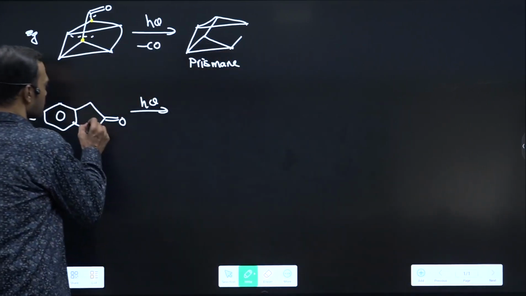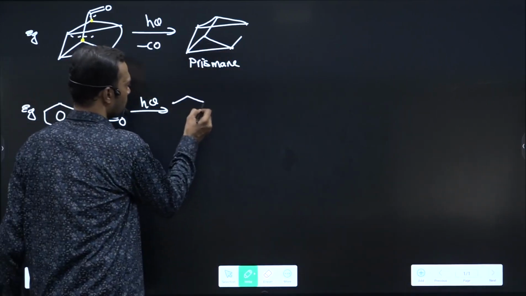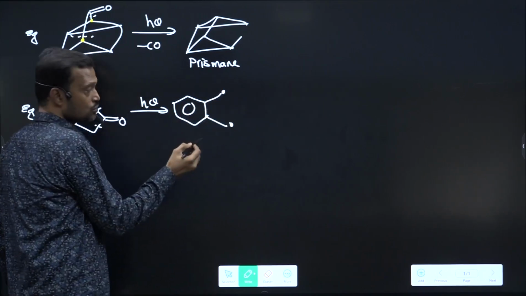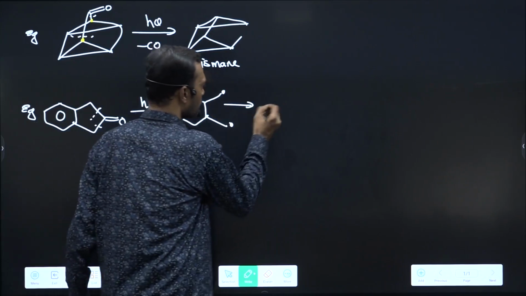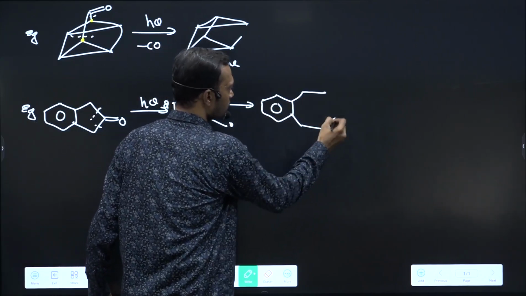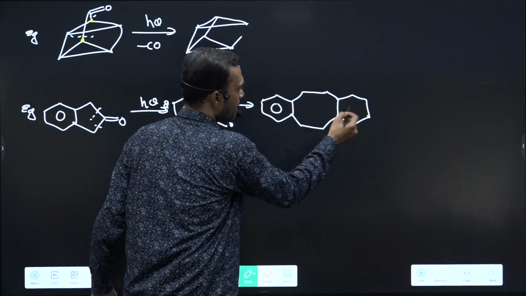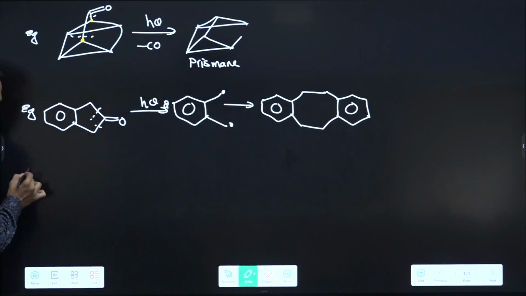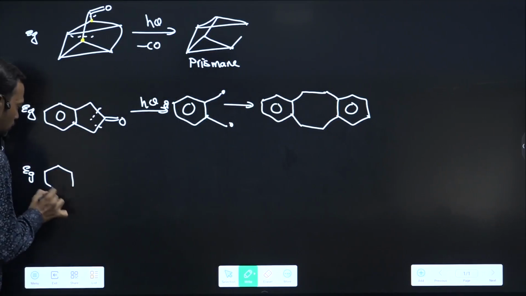That depends on stability. See, break this. After breaking, what happens? You will get a benzyl radical. So now these two units combine together and form a dimer. This is the final answer. Dimer is the answer. Okay. So two decarbonylations are going to take place.